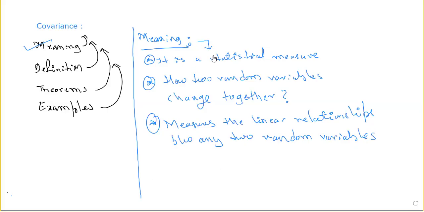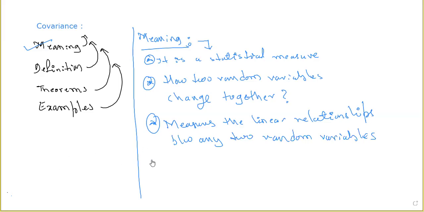Covariance is one of the statistical tools. Just as we have mean, median, and variance, like that we have covariance as one of the statistical measures. It measures the change of variables, right?